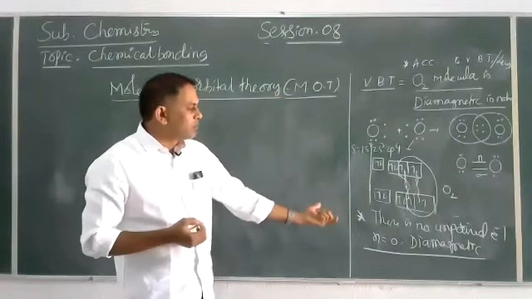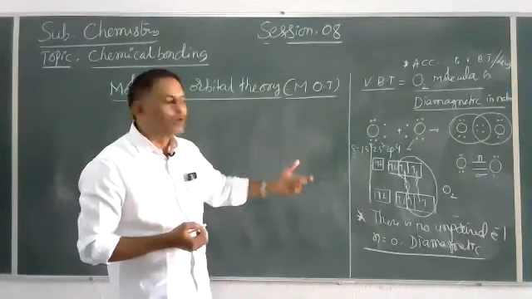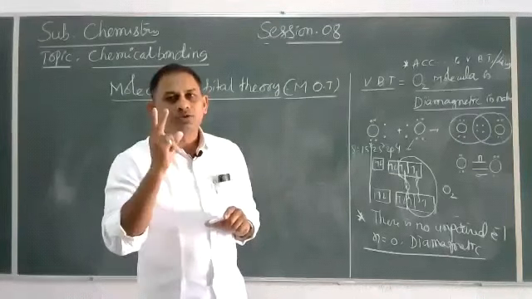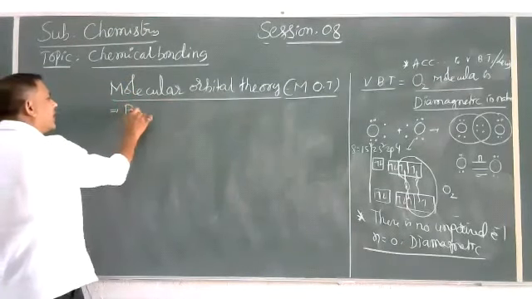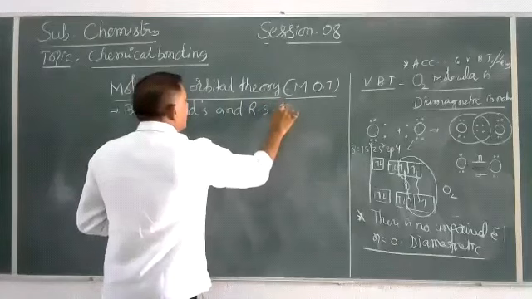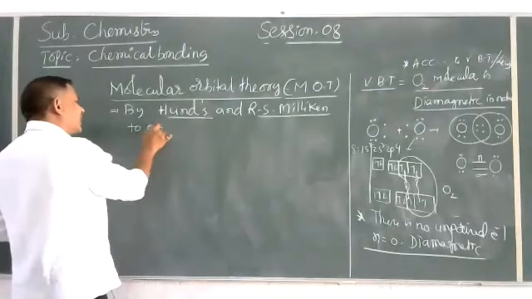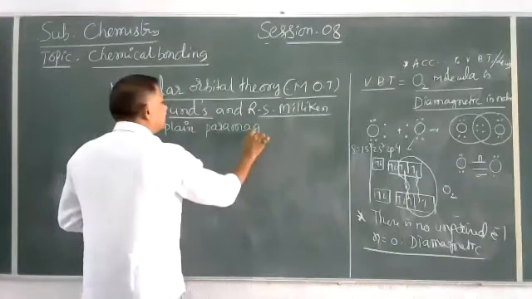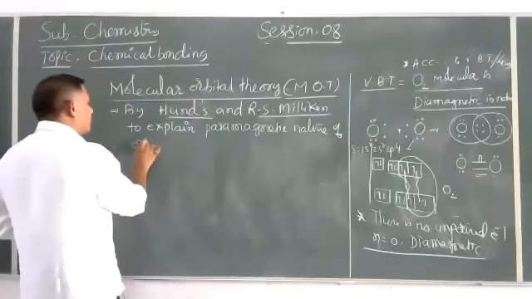According to VBT, the oxygen molecule is diamagnetic, whereas the oxygen molecule is paramagnetic in nature, as proved by MOT, by Hund and R.S. Mulliken. These two people clearly explained the concept of MOT, introduced to explain the paramagnetic nature of the oxygen molecule, O2.